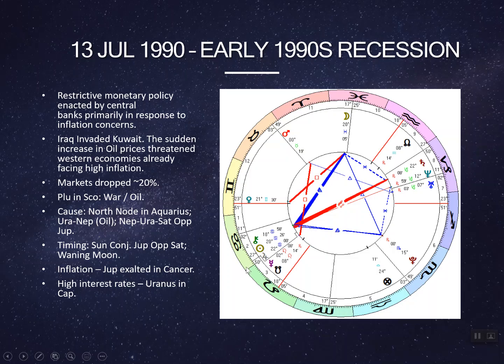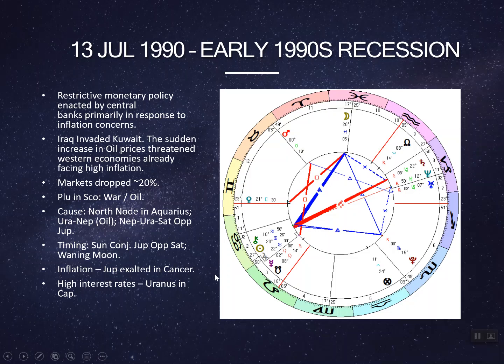Jupiter is linked to inflation, and when it's in its own sign or a sign of exaltation, it will result in inflationary pressure. So it's no surprise that in that period we were seeing inflationary pressure, which central banks were trying to control.